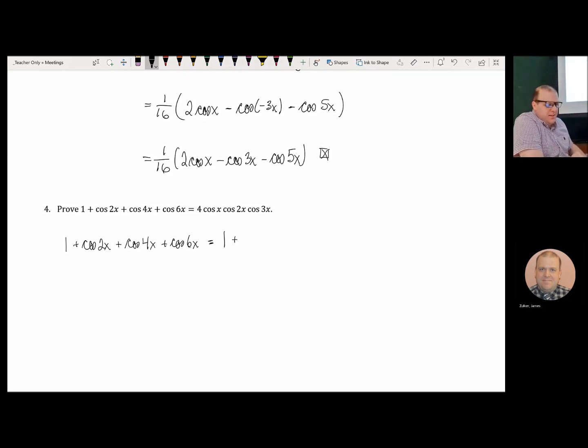For cosine of 2x plus cosine of 4x, do product to sum. That's 2 cosine of 2x plus 4x over 2, which leaves cosine of 3x, times the cosine of 2x minus 4x over 2, which leaves cosine of negative x.